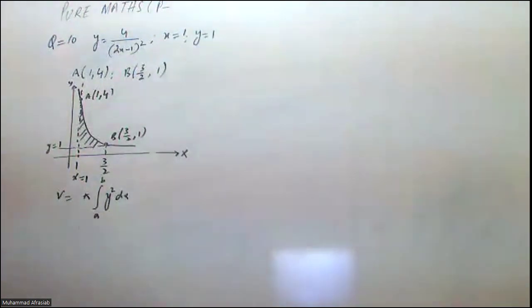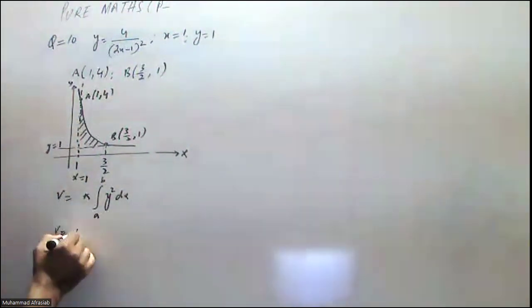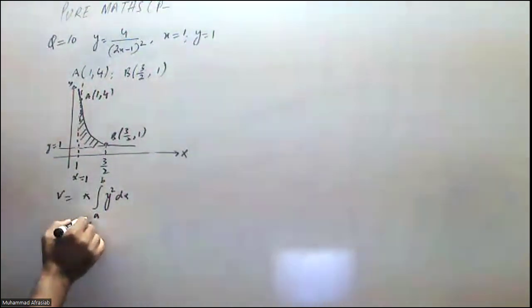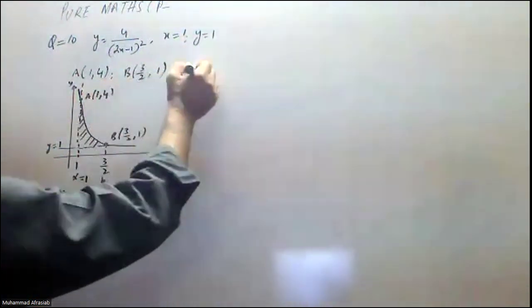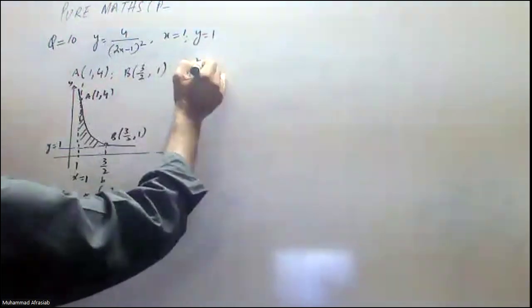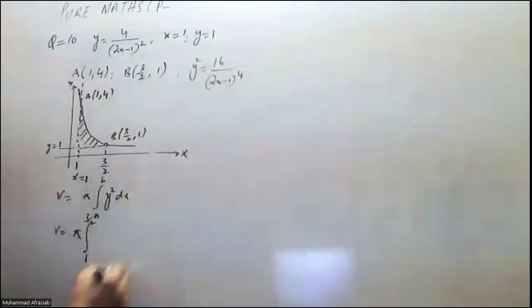So the actual volume will be equal to the whole volume, which is pi integral from 1 to 3/2 of y square. From this, y square is equal to 16/(2x minus 1) power 4.